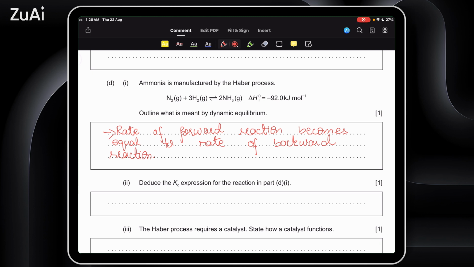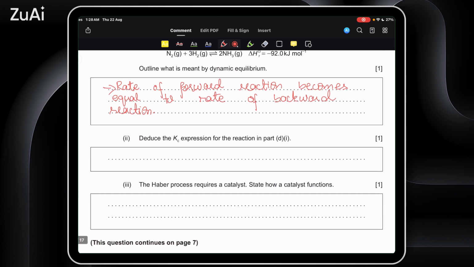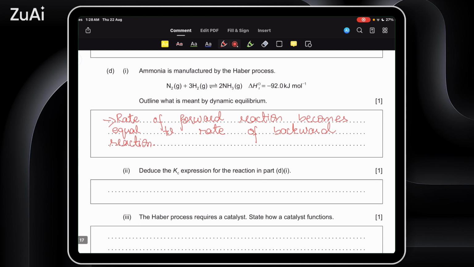So that's how you define it. Deduce the expression for Kc. That's so easy. So Kc is equal to the concentration of product, that is ammonia squared, divided by nitrogen and hydrogen.